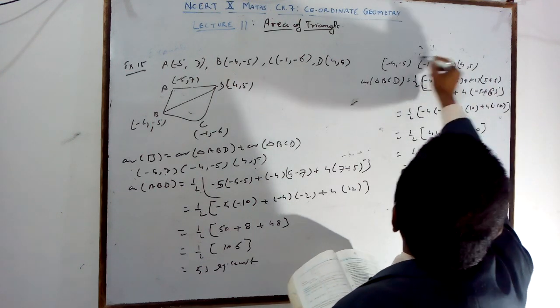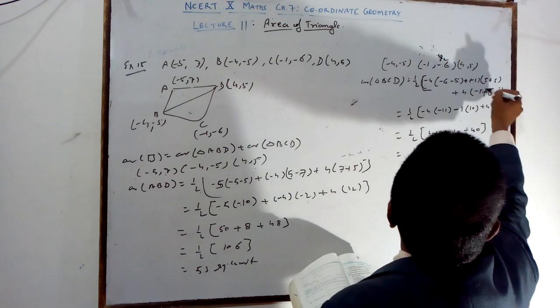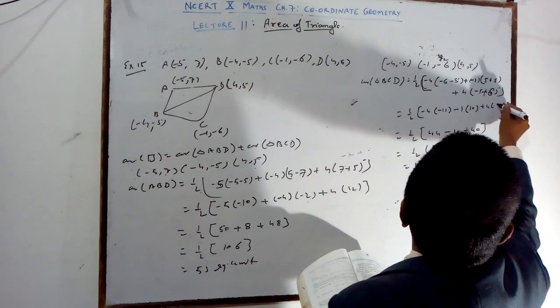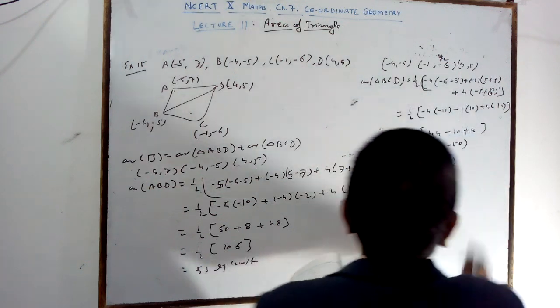Minus 5 plus 6, it is y2. That is y1 minus y2, which is minus 5 plus 6, giving you 1. So here you are getting 1.